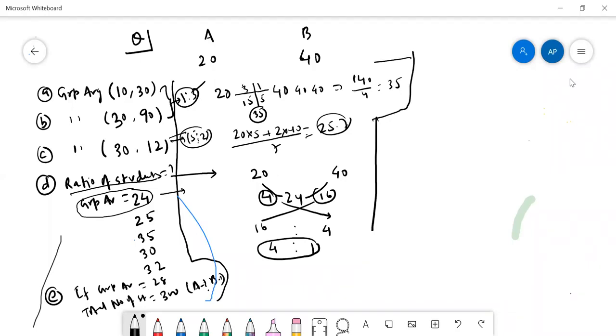This is little tough to understand. So if anyone is not getting the entire concept, they can ask the same thing in the class also, because it's very important and it's quite tough also. In terms of formula or short trick, you can remember it, but that will not be of any help. So the point here is the group average is 24.